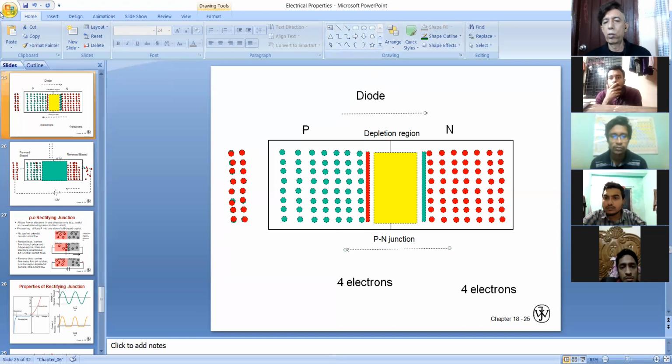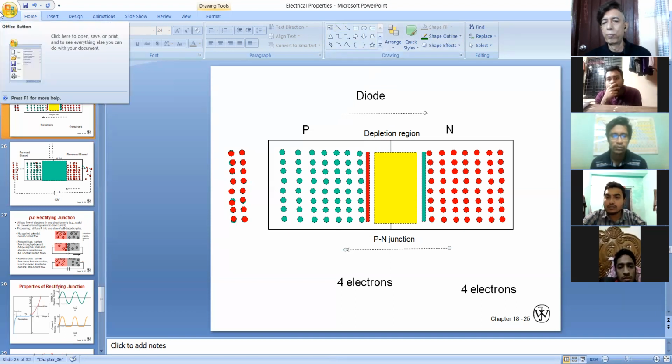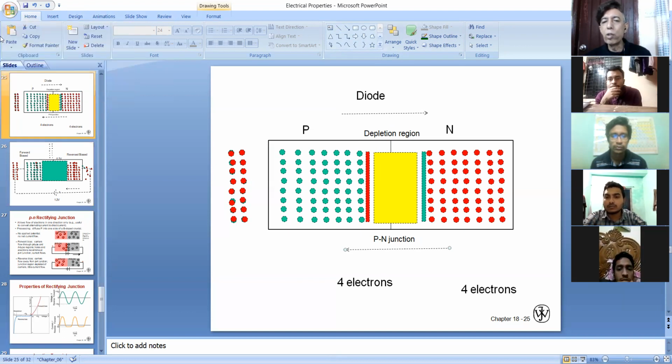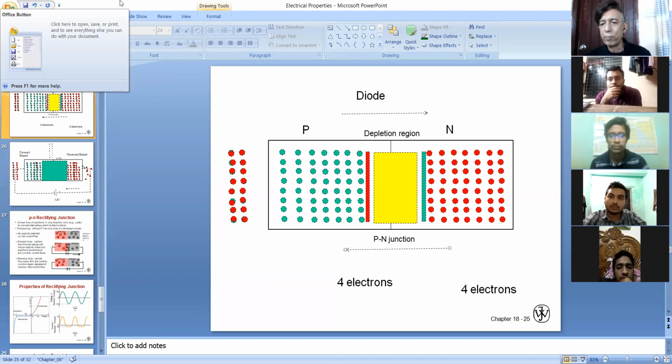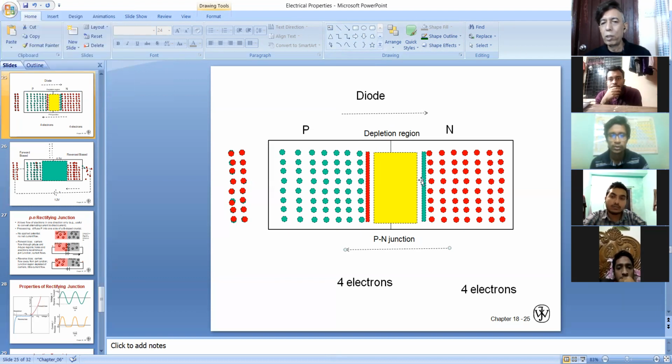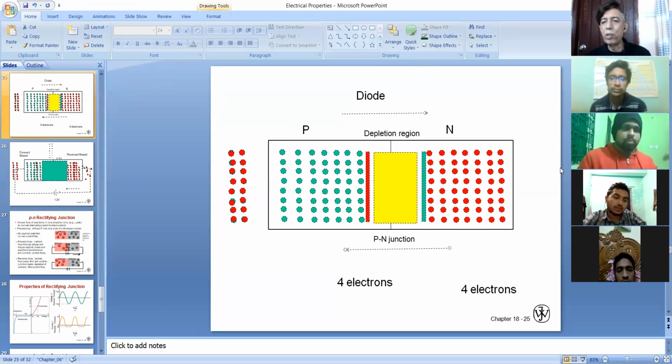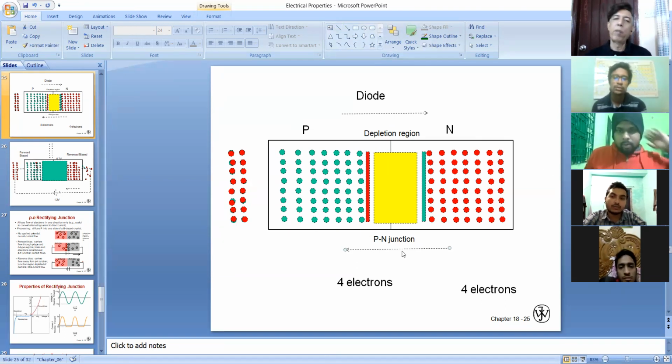Which way are electrons going? From this way to this way. So you'll find electricity from P to N. You will find electricity from P to N.